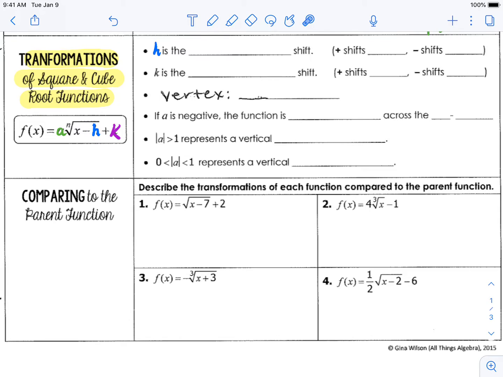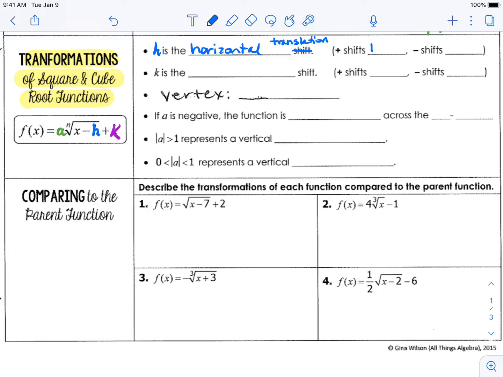So what does H do? Well, H is my horizontal shift, and another way that they say shift is translation. So a horizontal translation. If H is positive, this means that it's moving left.